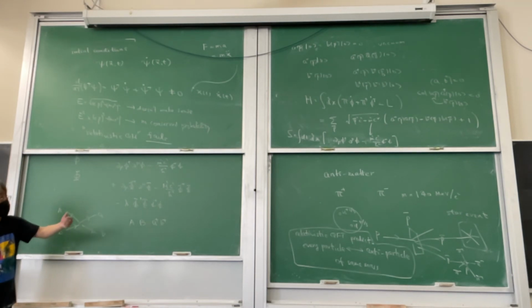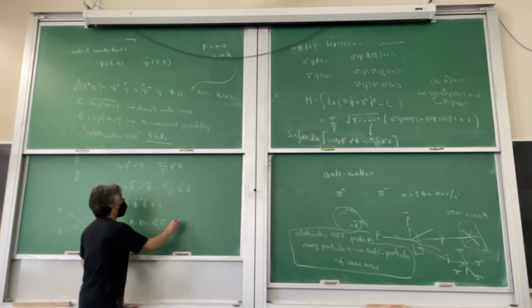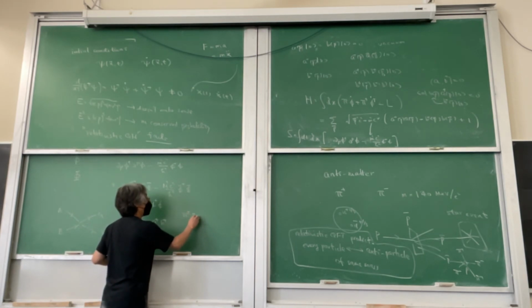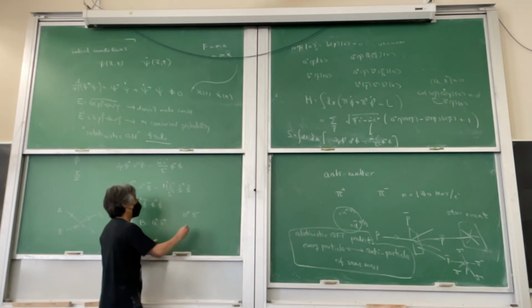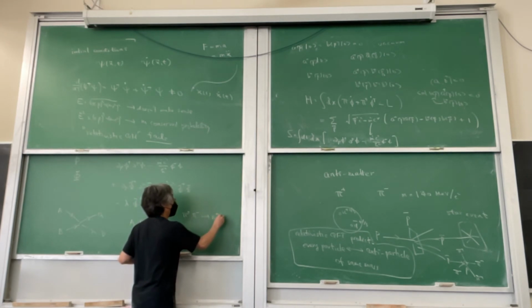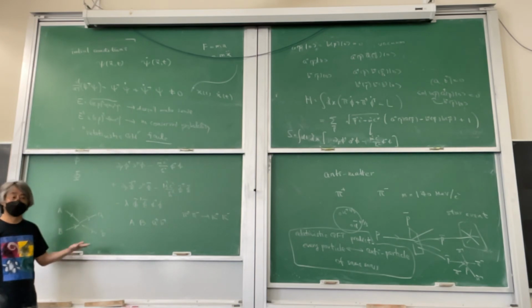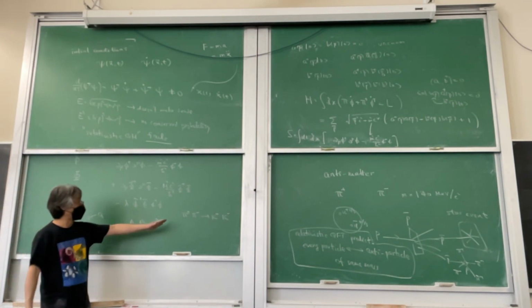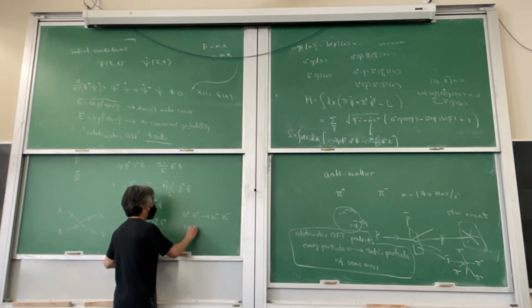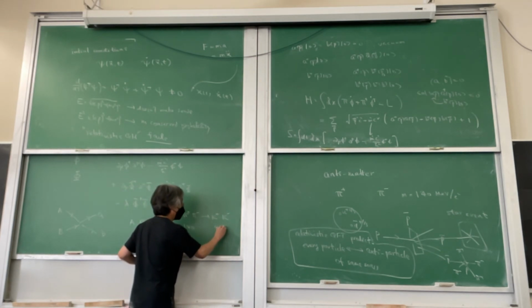And indeed, when you do the scattering of pi plus pi minus, they can annihilate and produce particles like K plus K minus. That's yet another Klein-Gordon field, spin 0 particle. They have very different masses. I told you this one is 140. This one is 498, if I remember correctly.